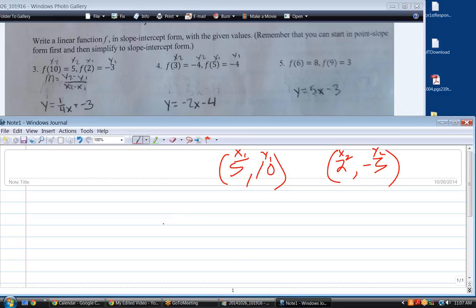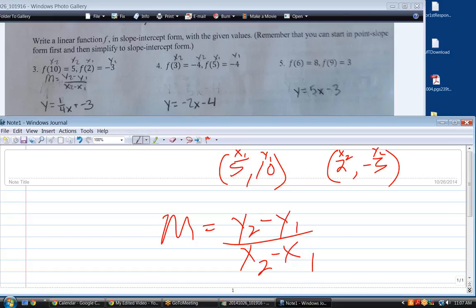Now, typically slope is defined like this. Right? Well, you can go the other direction if it makes the math a little easier. In other words, we don't have to do minus 3 minus 10 all divided by 2 minus 5. It's a lot of negative numbers.